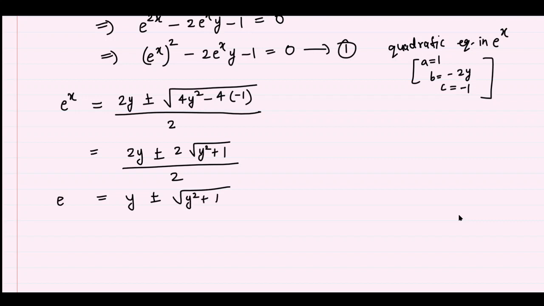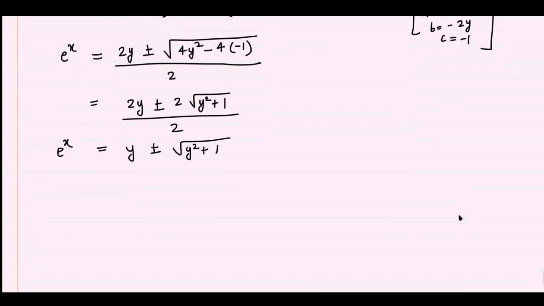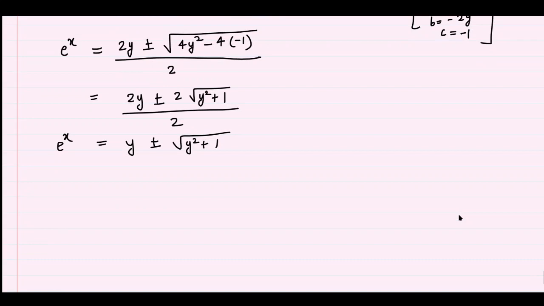So we got e raised to x equal to y plus or minus root of y square plus 1. But we know that e raised to x is never negative. It is always a positive function. At 0, e raised to 0 is 1. Then it takes only the positive value. It is never negative. Now e raised to minus x is nothing but 1 by e raised to x, so this is also positive.